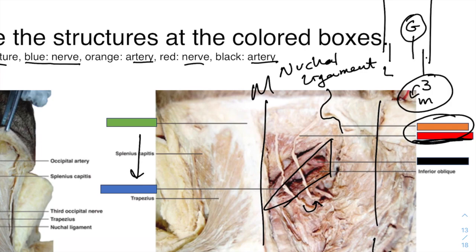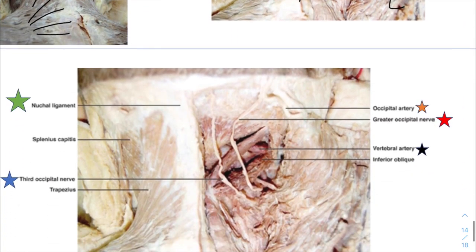So in black, that's going to be your vertebral artery, and in red, which is marked right here, that's going to be your occipital artery. Let's see if, hopefully, I was correct. That was the occipital artery, and that was the vertebral artery within that space.